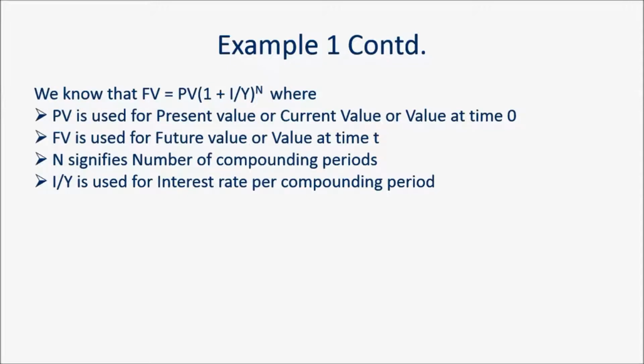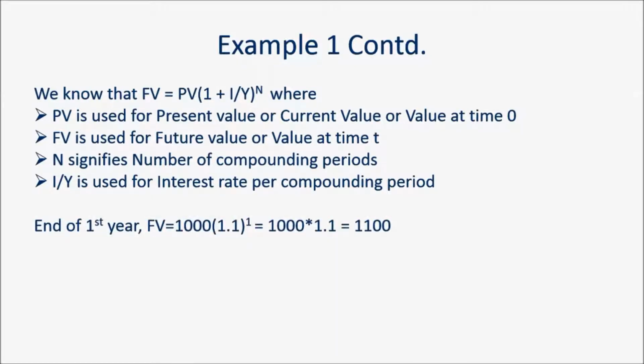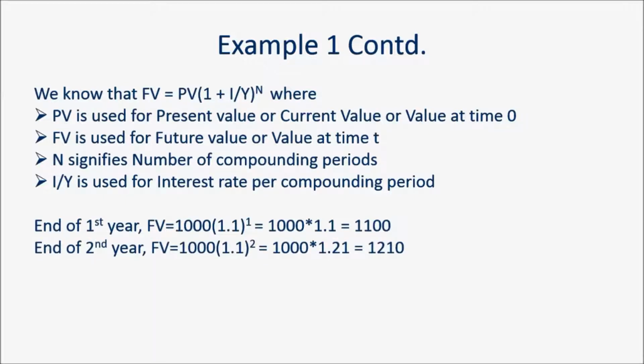If this is new to you, please see the video Introduction to Time Value of Money Calculations for CFA Level 1. Using this formula, at the end of first year, FV or future value will be 1000 multiplied by 1.1, which is $1,100, and FV at the end of second year will be 1000 multiplied by 1.21, which is $1,210.